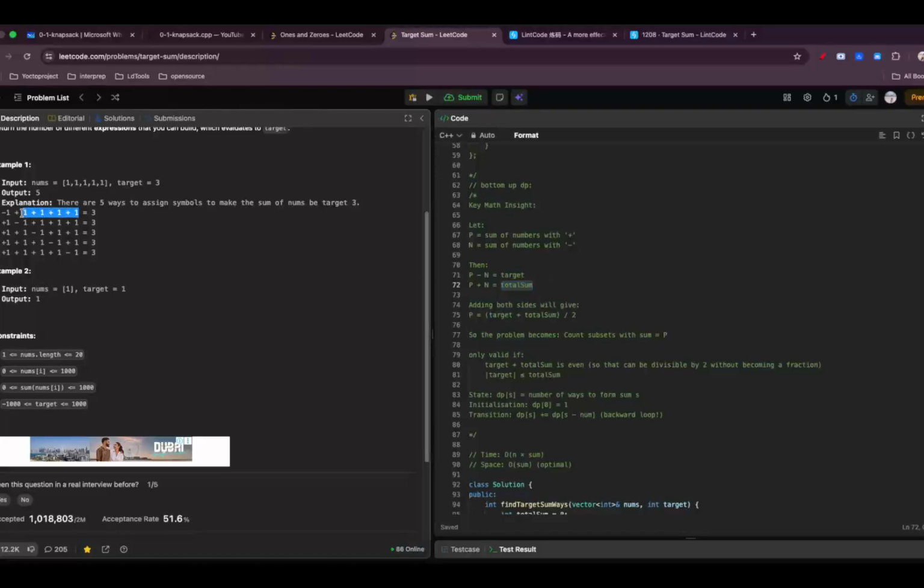If we add both sides, the negative terms get negated, and we will have 2p, so it is the total plus target, divided by 2. So the problem becomes: count the subsets with sum equal to p, that is, the sum of all the positive numbers.